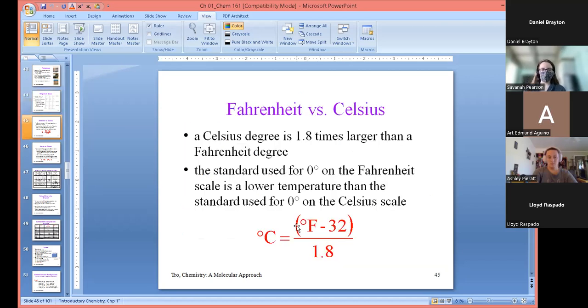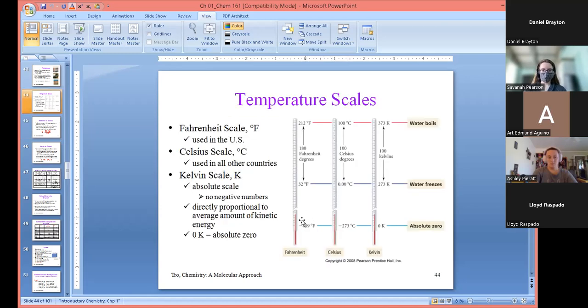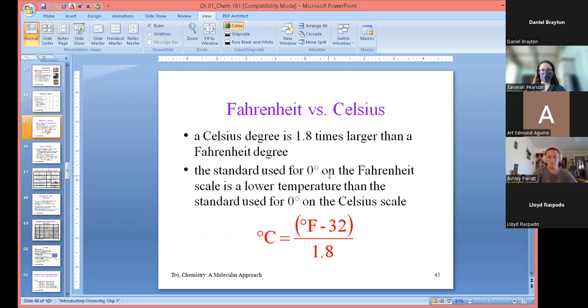And so the way you get there is you subtract 32, right? Because they're 32 degrees off, right? The 0 scale for Fahrenheit isn't lining up the same as the 0 scale for Celsius. So you account for that by subtracting the 32. That moves the Fahrenheit scale down to equal the Celsius so that they're both at 0.